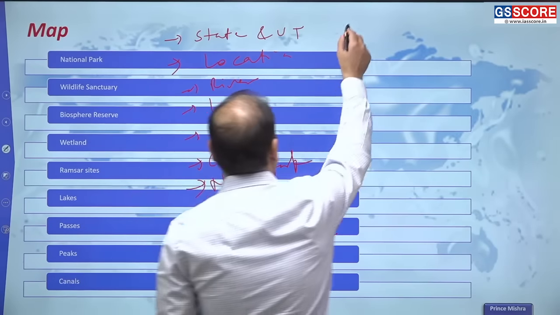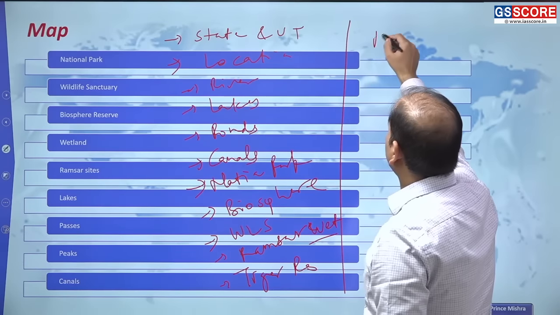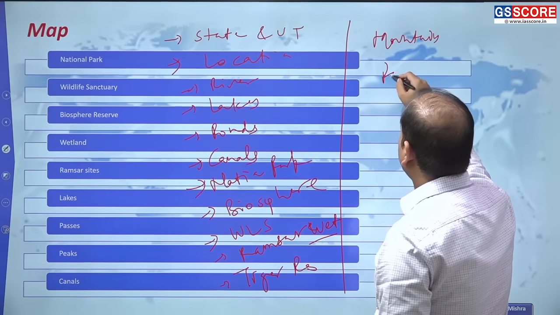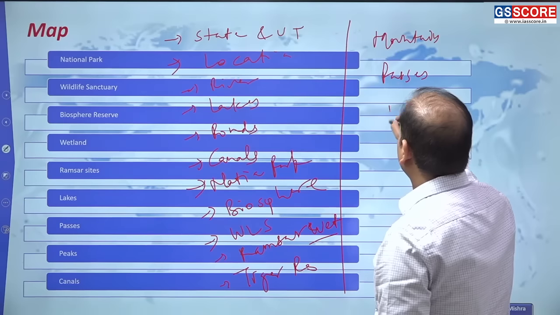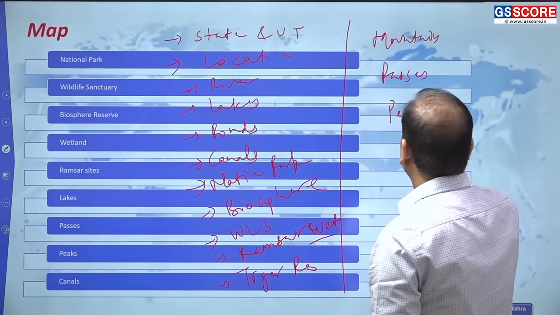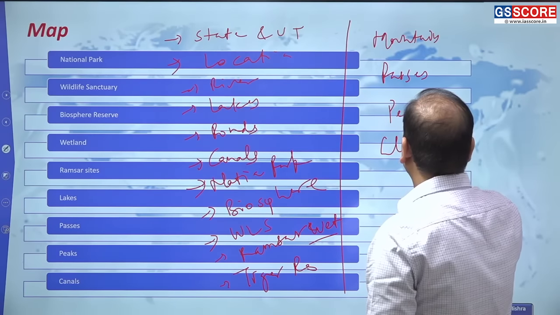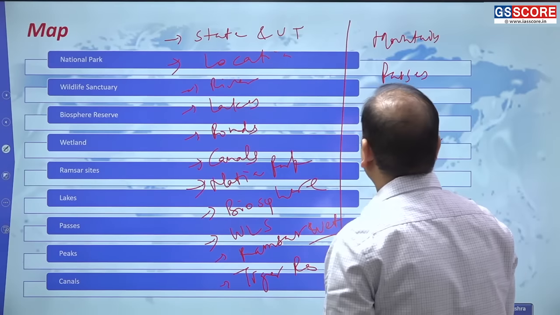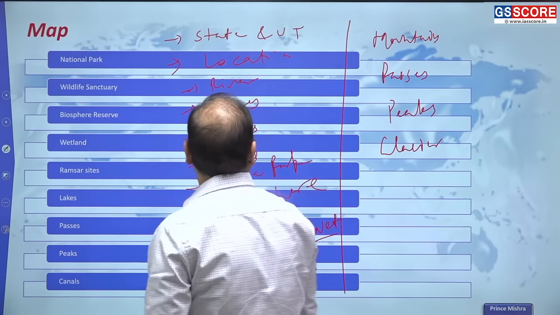Other than the tiger reserves, you are also supposed to prepare the mountains, passes, peaks, glaciers. So all these you need to prepare.